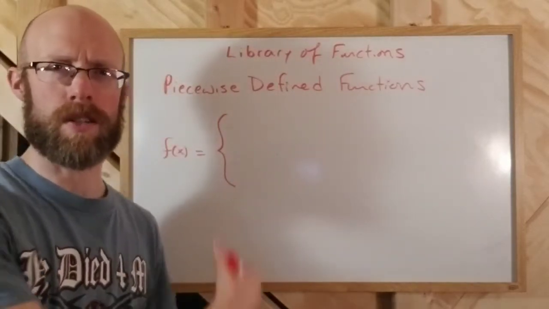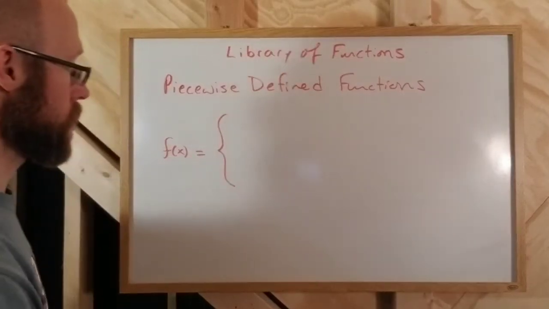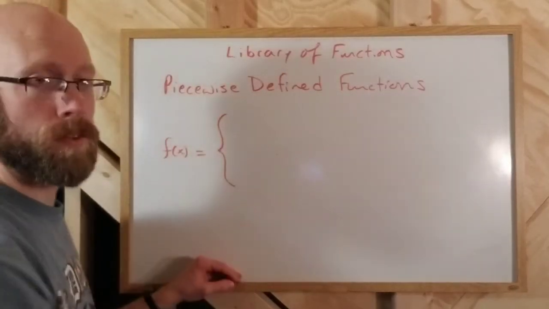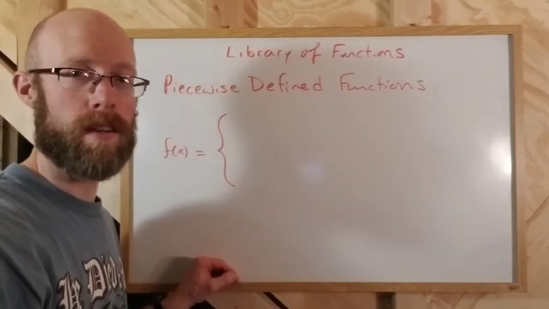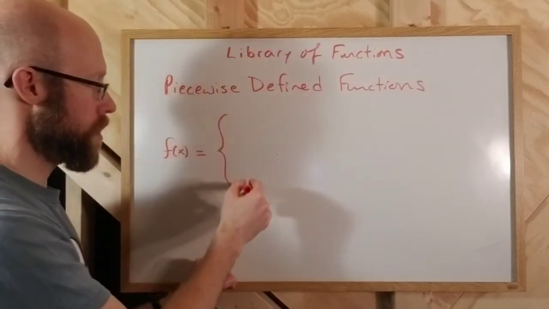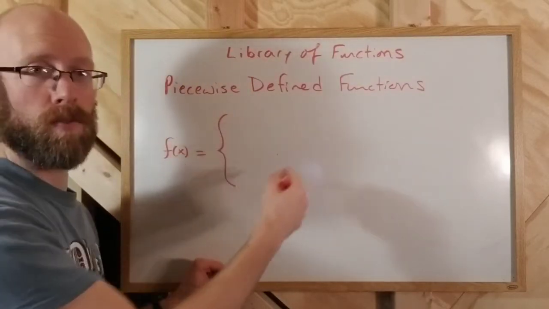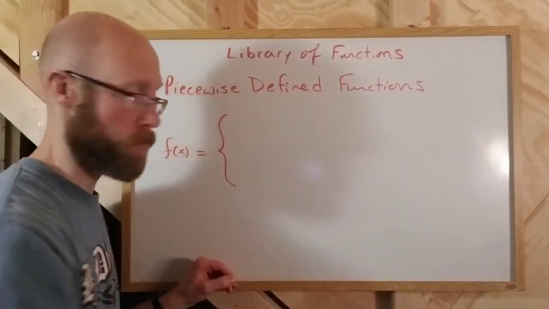It's kind of a weird notation, a single brace. And then you just list out the pieces. You can have as many as you want. You could have 2, you could have 7, you could have 20, doesn't matter. As long as the functions are defined and they are defined over the parts of the domain that you're looking to put them on.